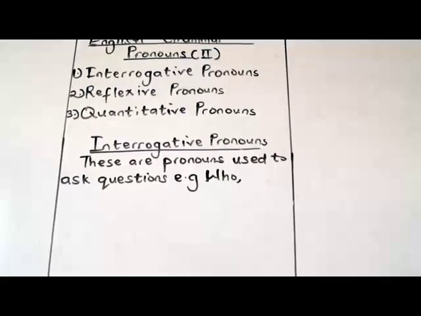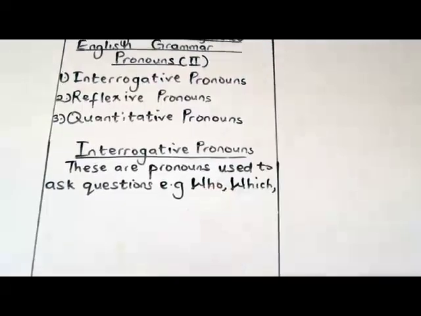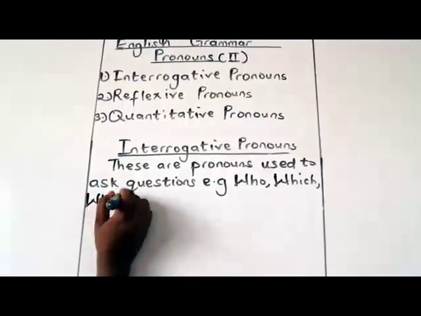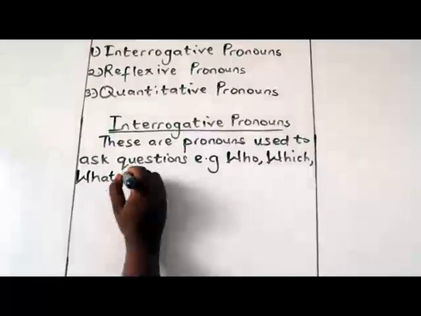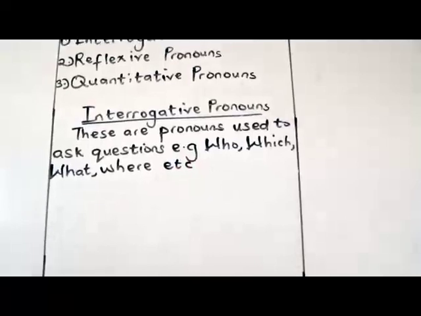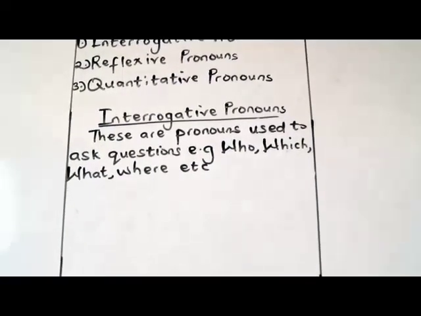I have which. I have what. Another word I have is where. And so on. Don't forget I said interrogative pronouns are used to ask questions.